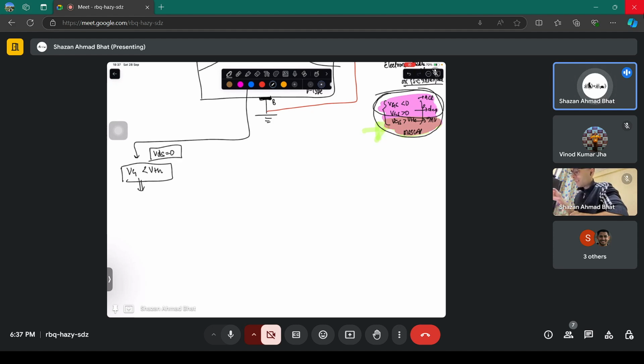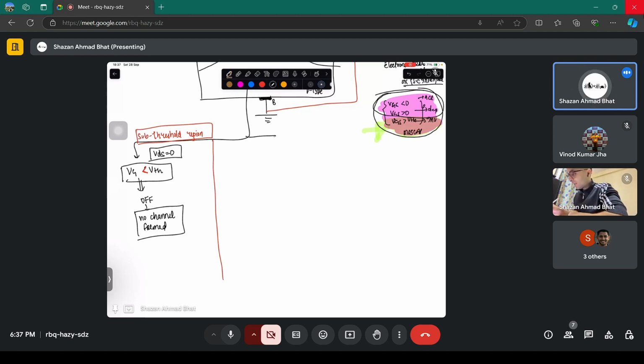Anyways, it's going to be off. That means no channel is formed. This is called the subthreshold region. Subthreshold means below threshold, because VGS is less than the threshold voltage.